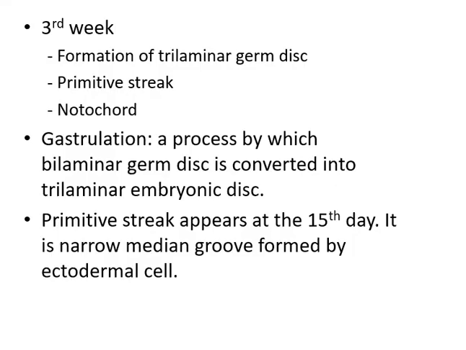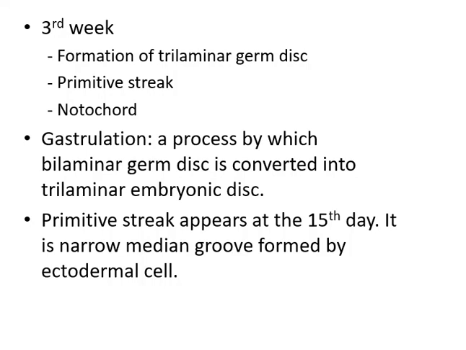In summary, in the third week we have formation of three layers of the germ disc, called the trilaminar germ disc. Formation of the notochord and primitive streak also starts. Gastrulation, as I mentioned before, is the process by which the bilaminar disc is converted into a trilaminar embryonic disc.